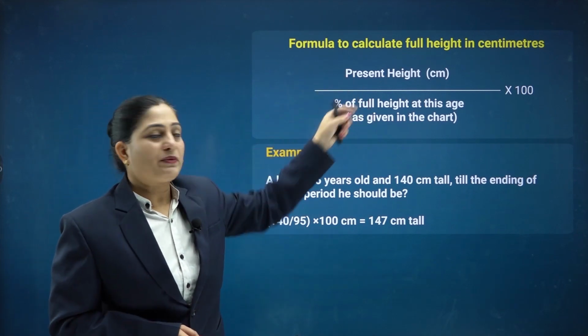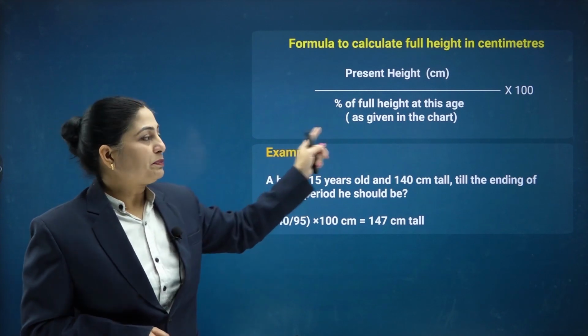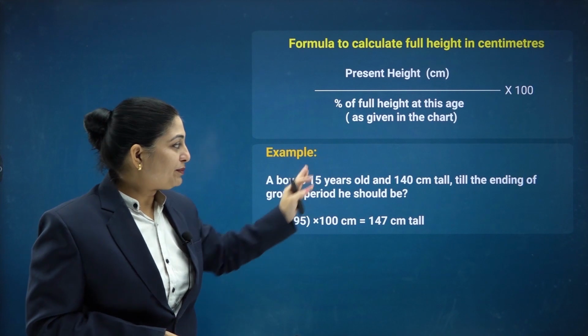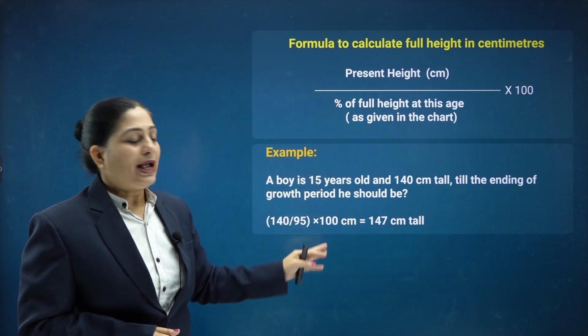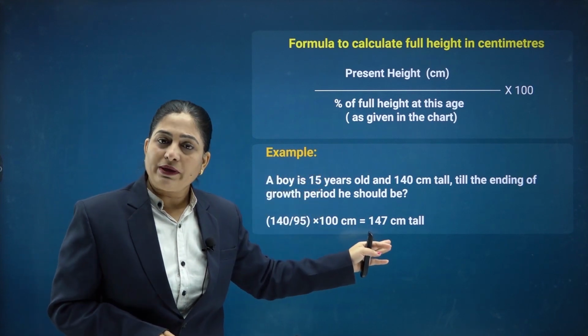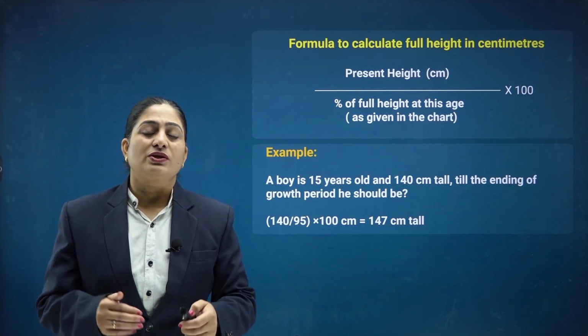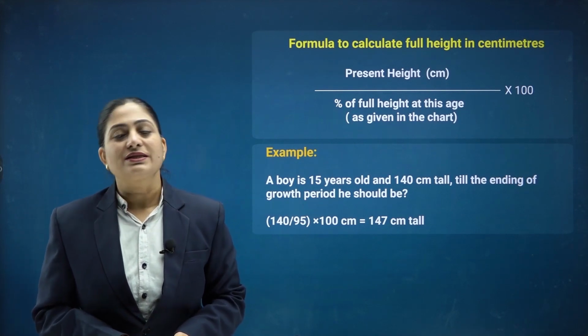That means the present height, 140, divided by the percentage of full height from the table, 95% at the age of 15 for a boy, multiplied by 100. So he'll be around 147 centimeter tall. This is the general formula to calculate the full height in centimeter.